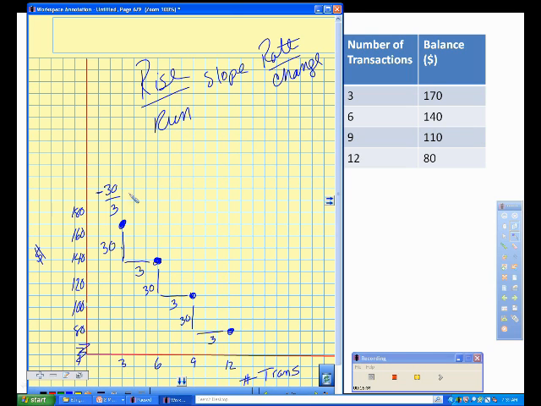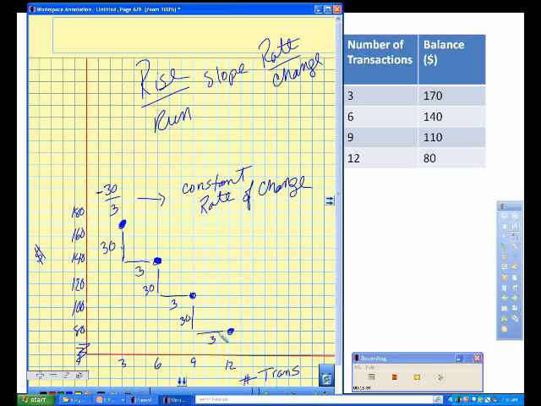So I have the same rate of change for every change in between every data point. It goes down 30 and it increases by 3. Our balance decreases by 30. Our number of transactions increases by 3. Because it's the same, you'll recall from our discussion a moment ago, that this is called a constant rate of change.